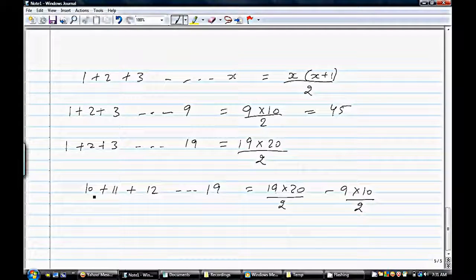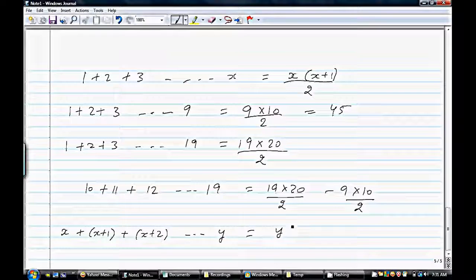So this can also become a general formula. For example, if I have x plus 1, x plus 2 and it goes to y, then all I have to do is first add numbers from 1 to y.